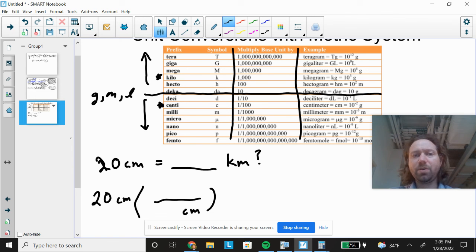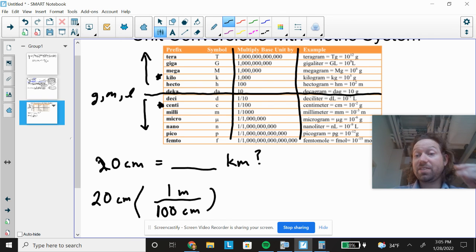But I do know that centi means 100, and a centimeter is 1/100th of a meter. Or another way of saying it is 100 centimeters is in 1 meter, right?